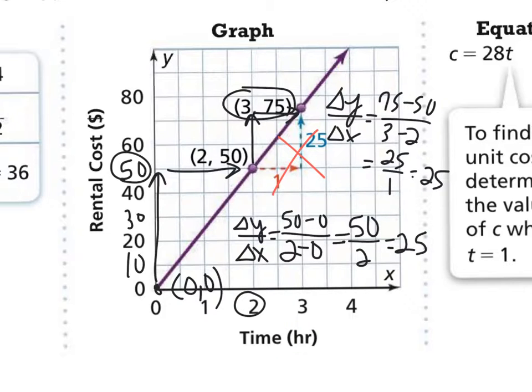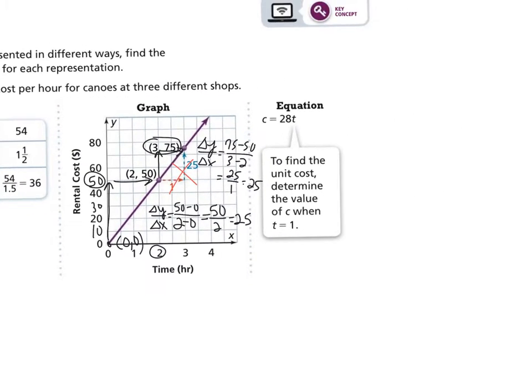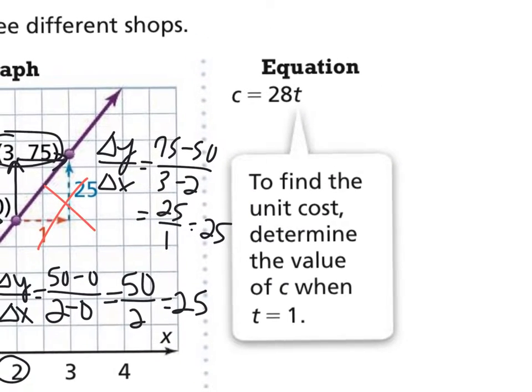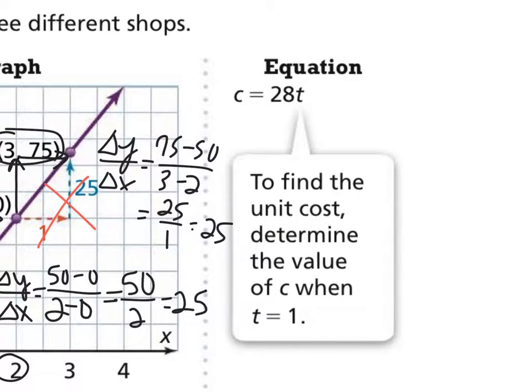So that's 25. And then the other thing is the equation. The equation, we talked about this before. This equation is proportional. It's in this y equals kx format. And what I mean by that is there's nothing being added or subtracted. It's just y equals something times x.